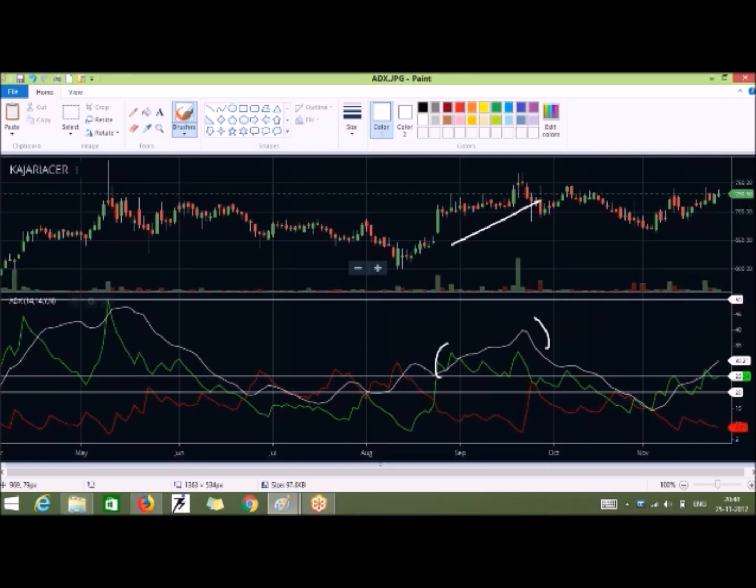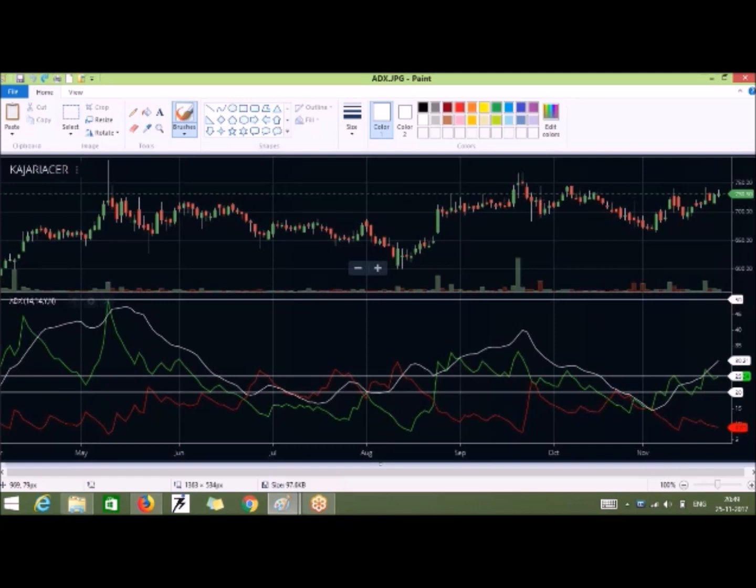The third strategy being conveyed is the increasing ADX value above 20. Increasing ADX value above 20 indicates increasing trend strength. I'm not talking about a bearish trend or a bullish trend, but an increasing ADX value above 20 indicates trend strength.